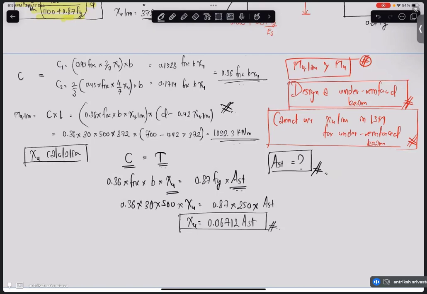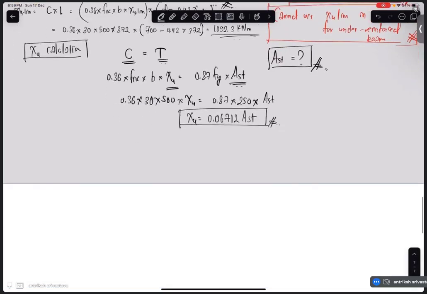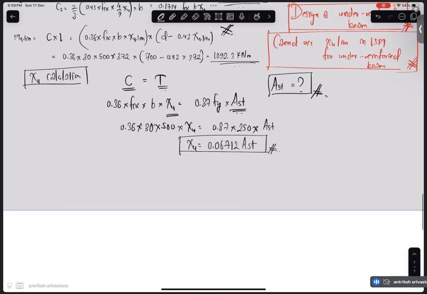Okay, this is the formula for our XU. And how can we calculate AST? We can equate this Mu to 0.36 FCK XU into D minus 0.42 XU, and then we can get the value of our AST.